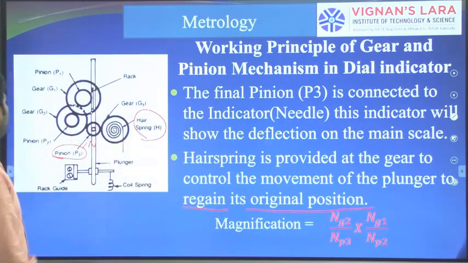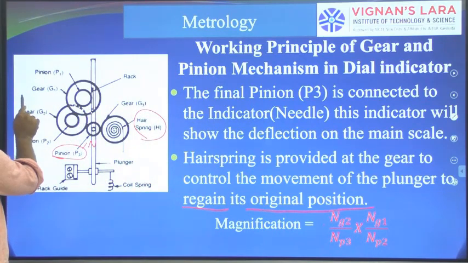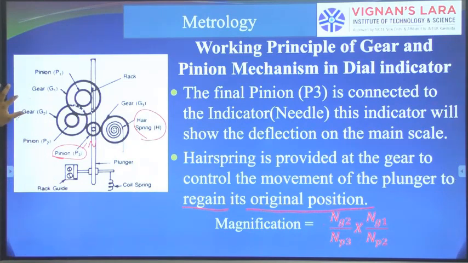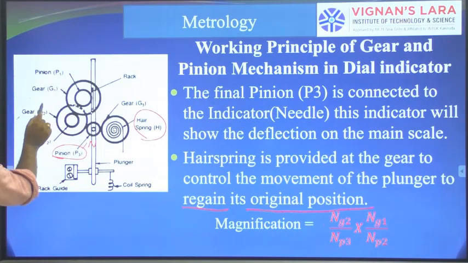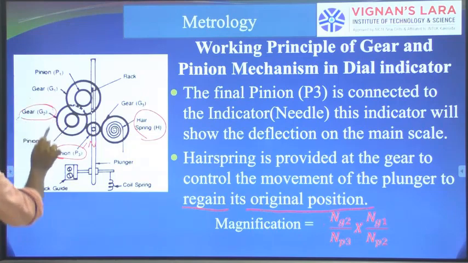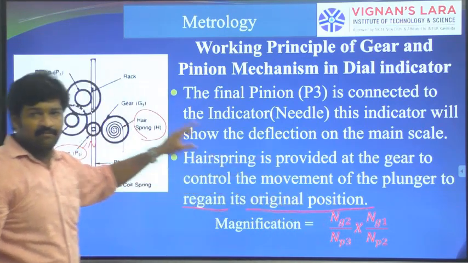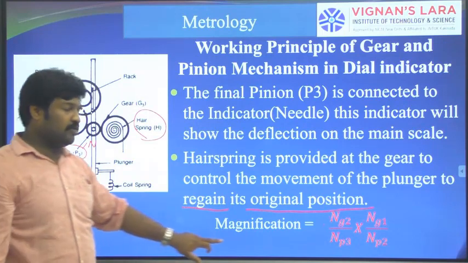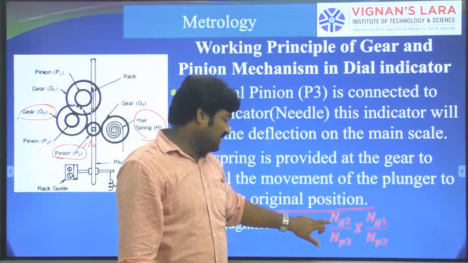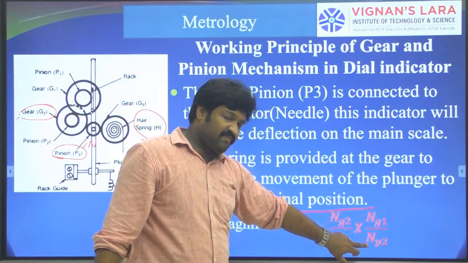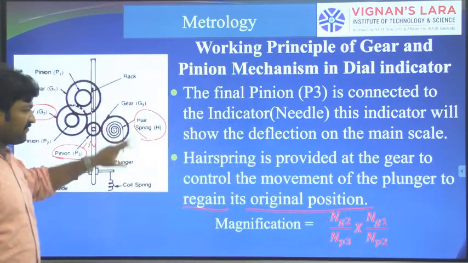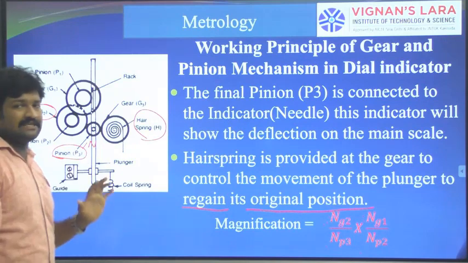So Ng2 stands for number of teeth on gear G2, Np3 number of teeth on third pinion, Ng1 number of teeth on first gear, Np2 number of teeth on pinion 2. So these are the numbers of teeth. N stands for number of teeth on the various gears and pinions.